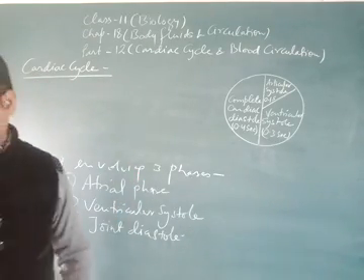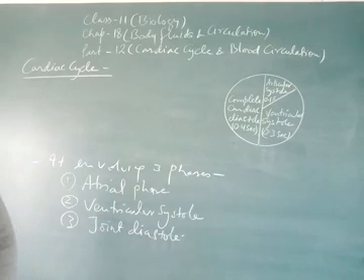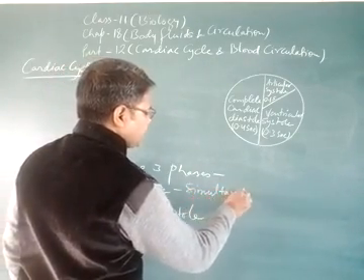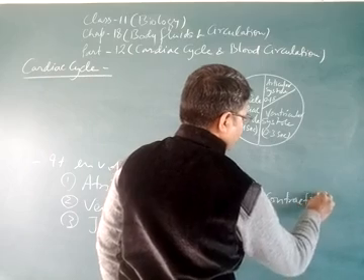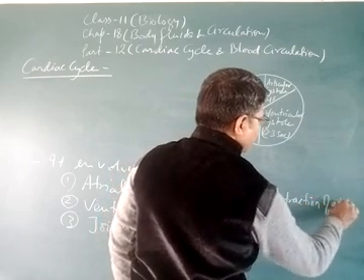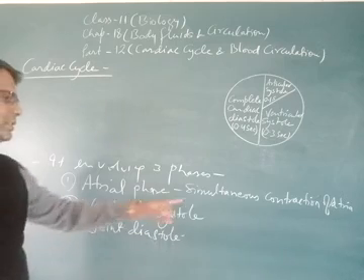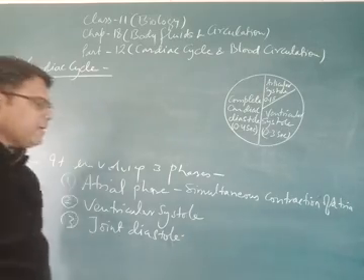Now students, the atrial phase involves simultaneous contraction of atria, which feeds blood to the respective ventricles. Atrial systole is due to the action potential generated by the SA node.